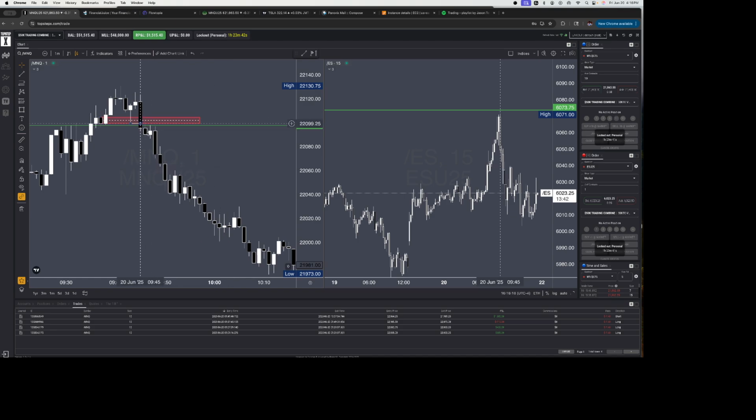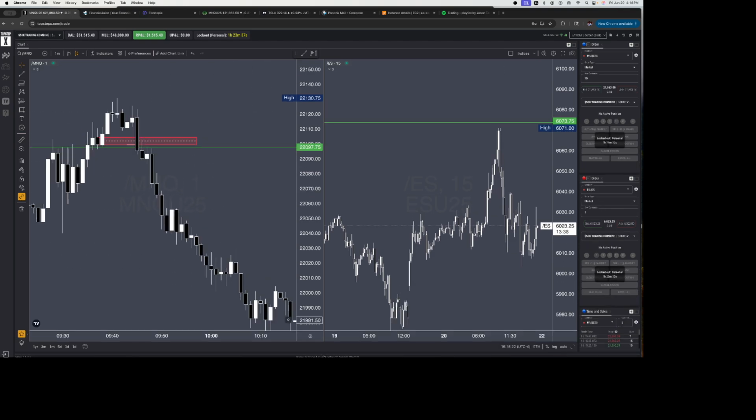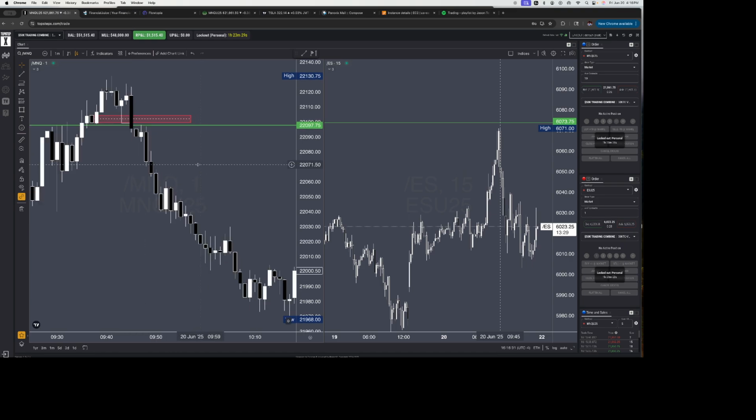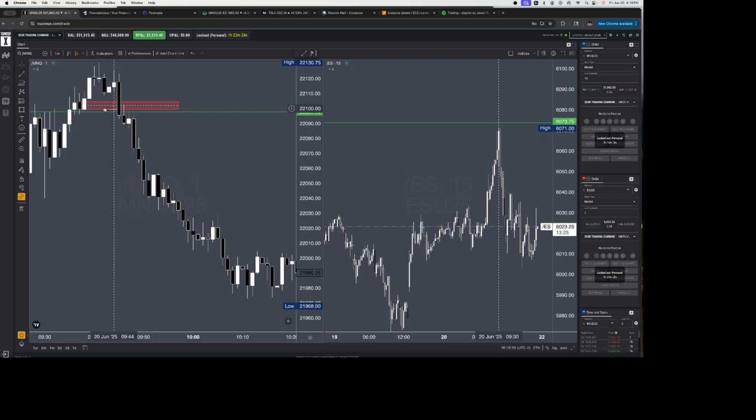So yeah, I got in up here and got out right in this area, so 22,105. I guess I got in on the dump down before it even got there. I got a little ahead of myself. I do that sometimes. But this is the exact setup.